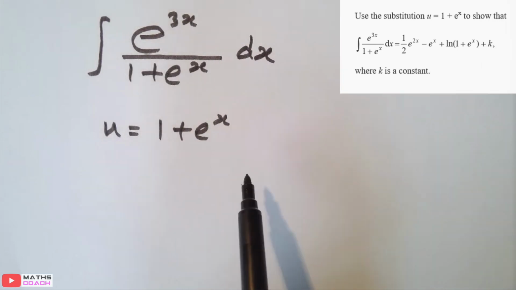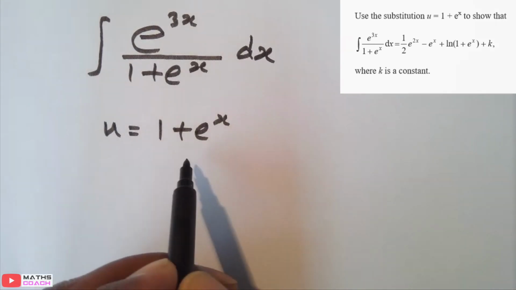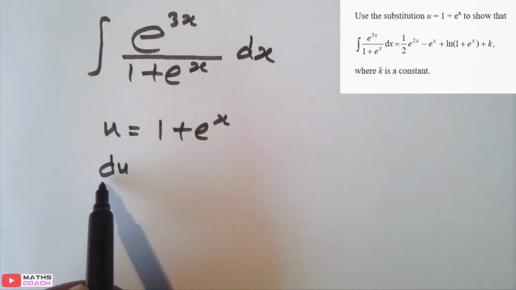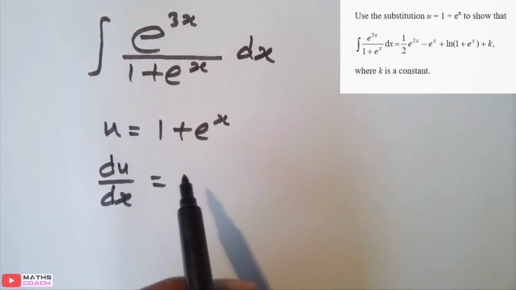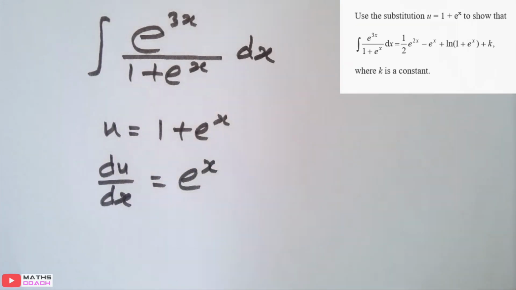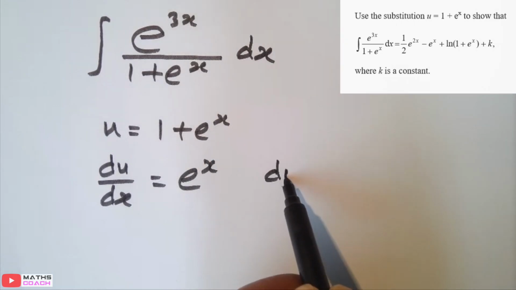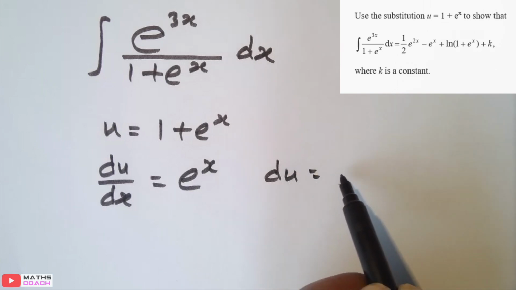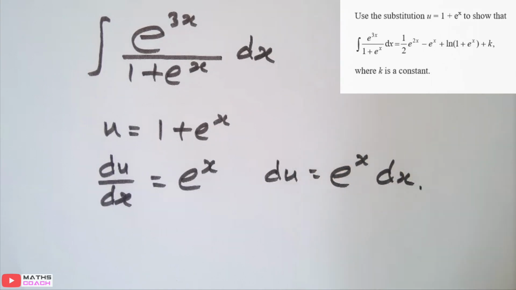Okay, so u equals 1 plus e to the power x. We're going to differentiate that with respect to x. So we have du/dx equals, and you know that the differentiation of e to the x is simply e to the x again. Like before, we can make du the subject: du equals e to the x dx.